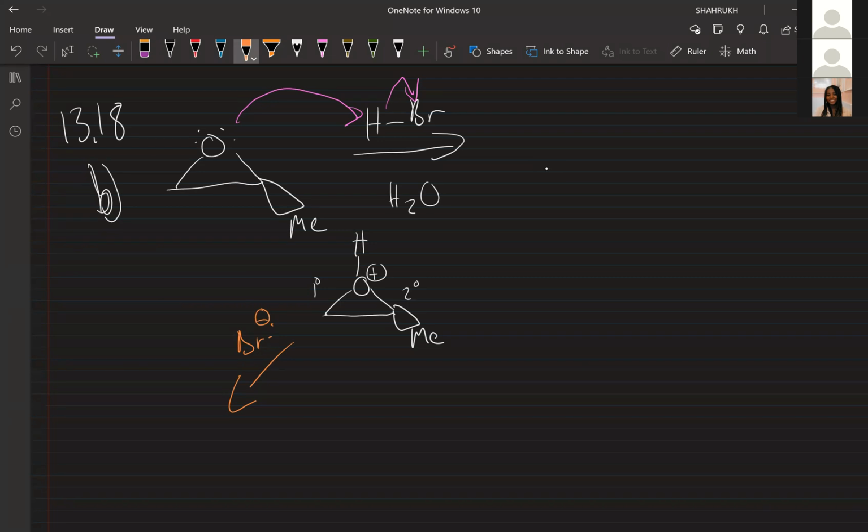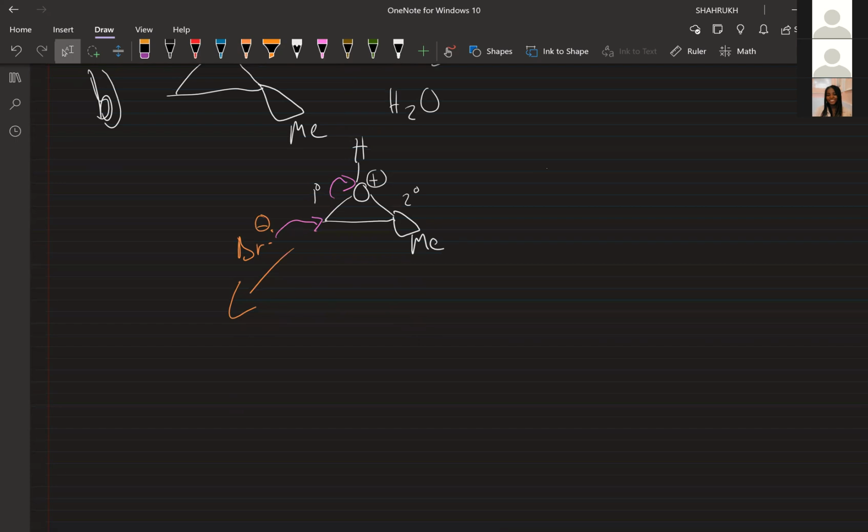This might not be the case when you get to tertiary centers, as we'll see that electronic effects will dominate. So in this case, the steric effect dominates. And this kicks open, and boom, you get your final product, which is alcohol halide.